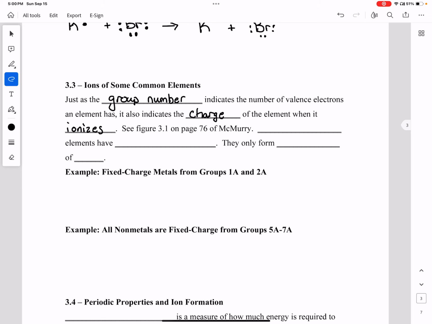And so you'll see that main group elements, when they ionize, have fixed charges. They're always the same. They only form one type of ion.